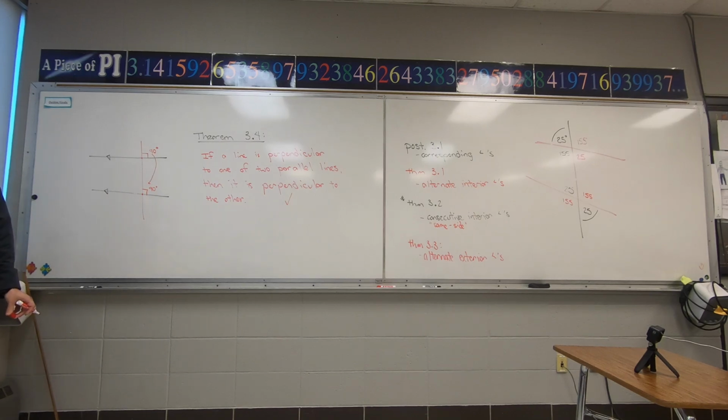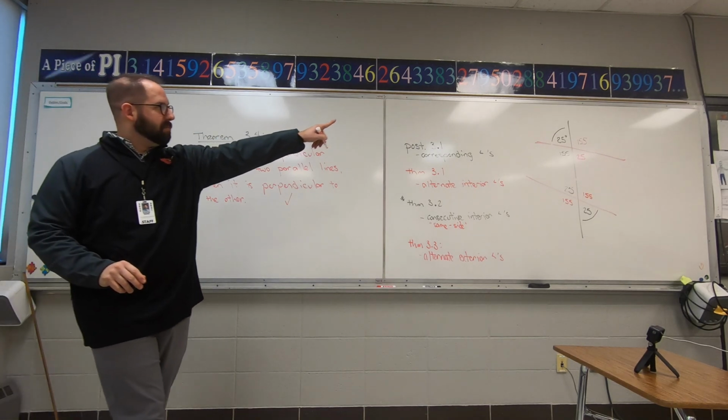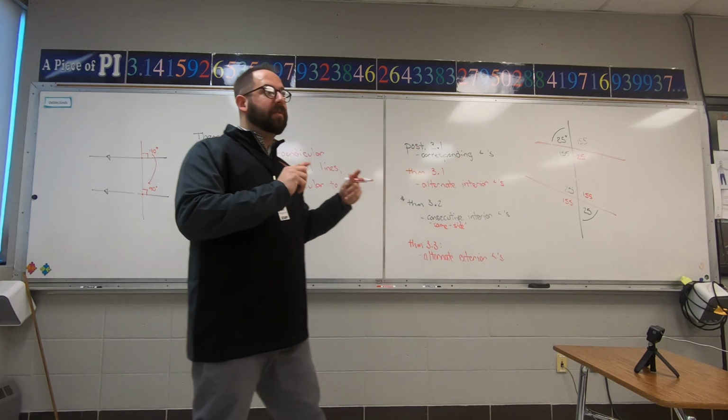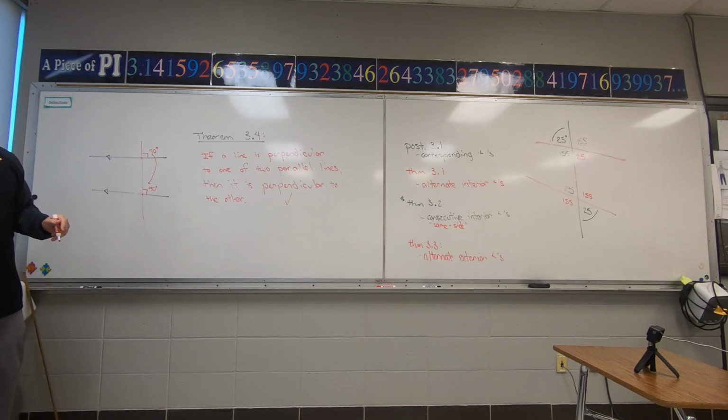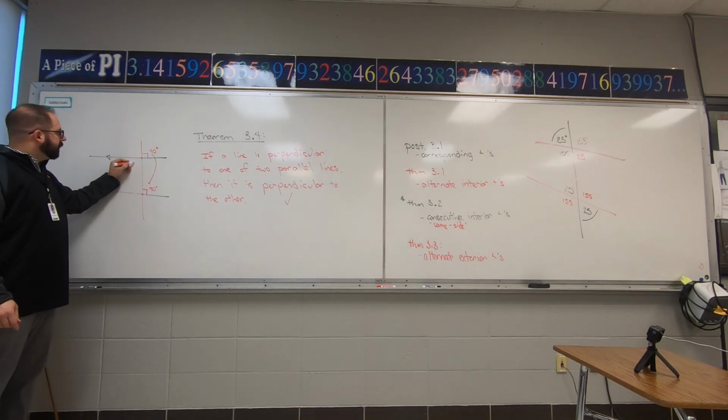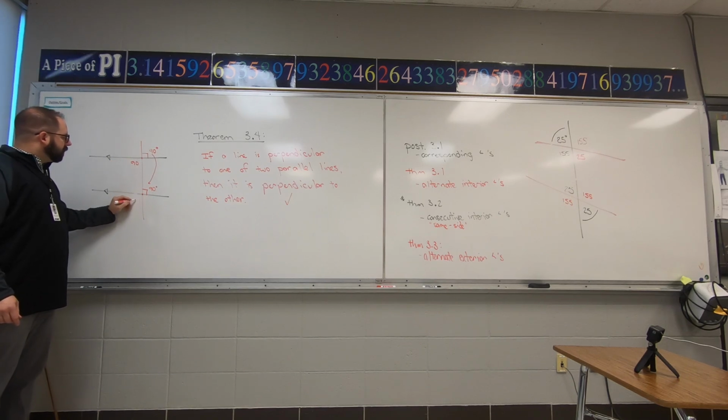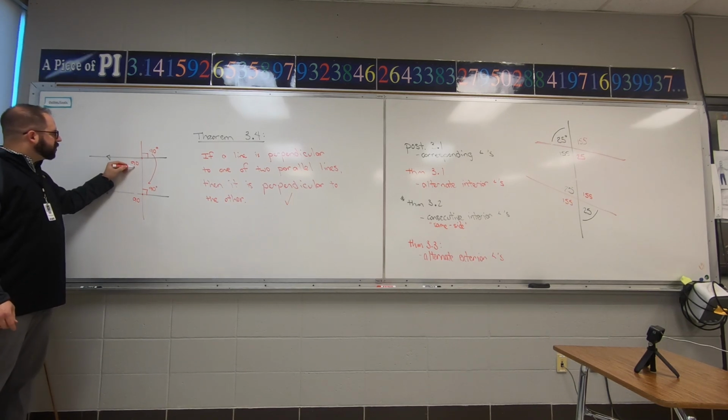Now, the reason I bring this one up, and the only reason why this is an actual theorem, is because this picture is the rare one where every angle up here is 90 degrees. Every single angle in this picture is the same number. It's not like that one where they're kind of a mixed bag or they jump around. Every angle in this picture is a 90-degree angle. Because alternate interior, vertical, the two same side interiors have to add up to be 180.